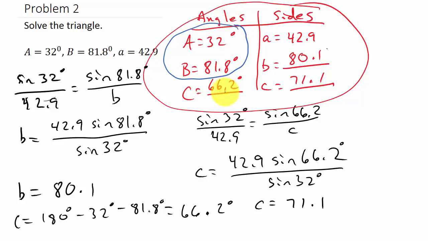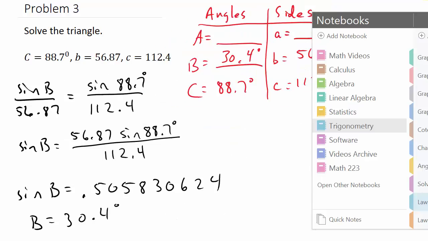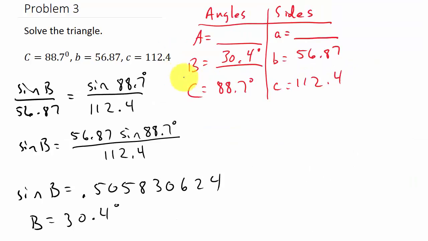There's nothing else C can be. It has to be 66.2. So there's not a possibility of two triangles here. But over here in problem 3, we were only given one angle and two unknowns. So if you're given an angle and two unknown angles, you're going to have to check for that second triangle.